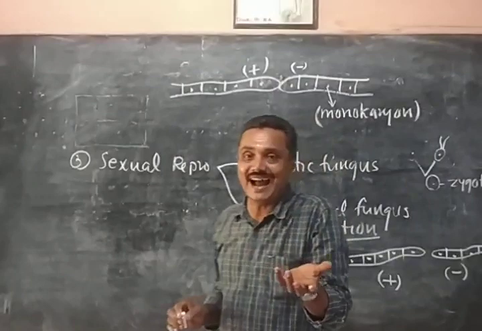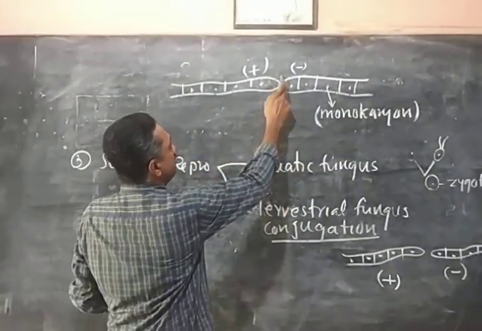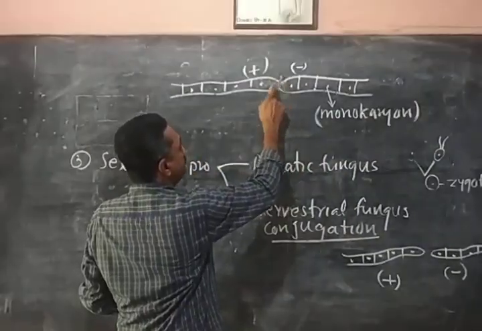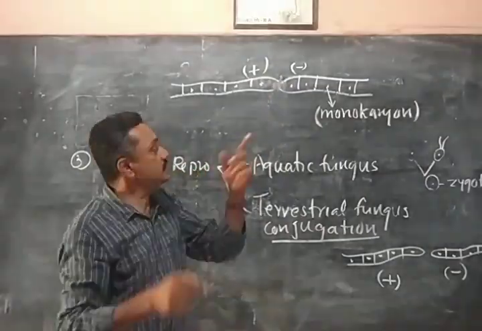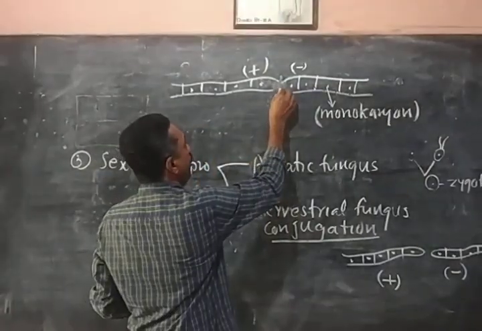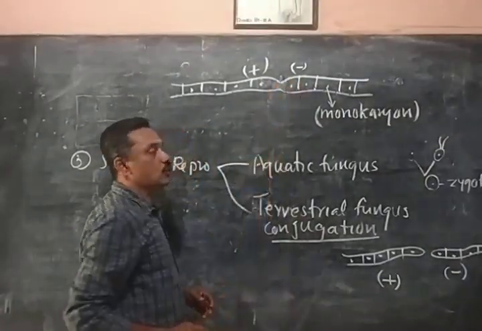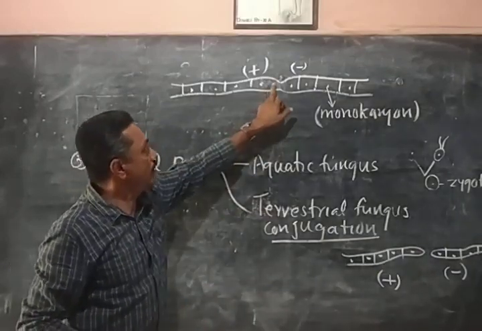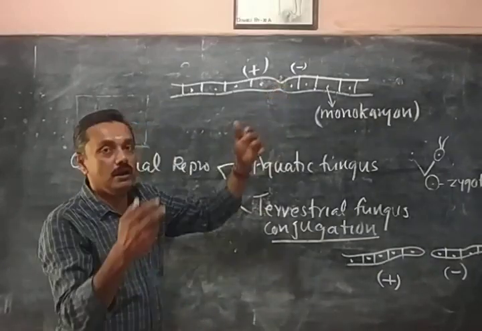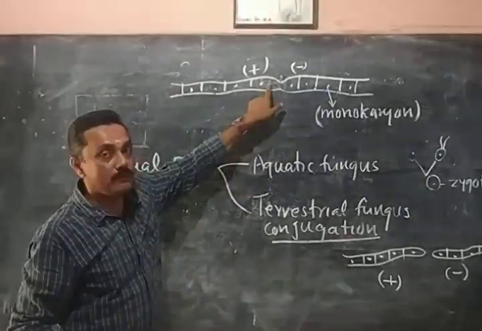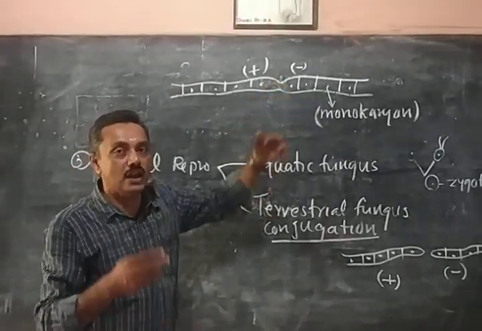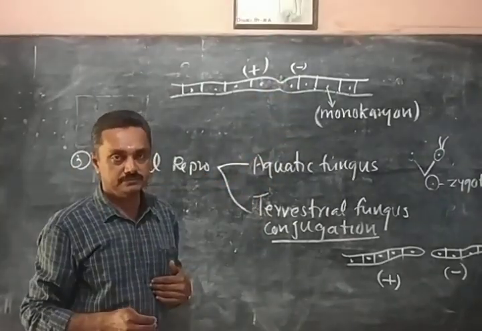What happens is that the cell wall dissolves at the point of touching. So what happens when the cell wall dissolves? The cytoplasm of this cell and the cytoplasm of this cell will mix together.